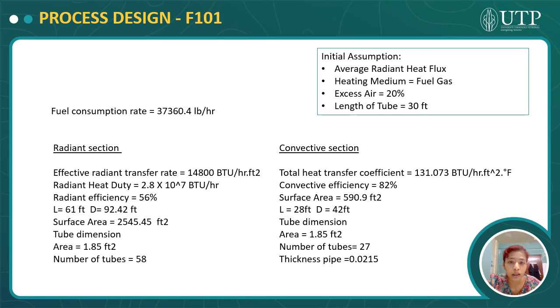There are several assumptions to be made, which are the average radiant heat flux, the heating medium, which is fuel gas, excess air of up to 20%, and the length of tube of 30 feet.